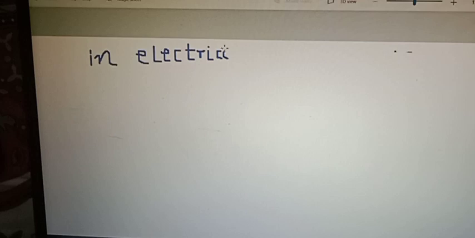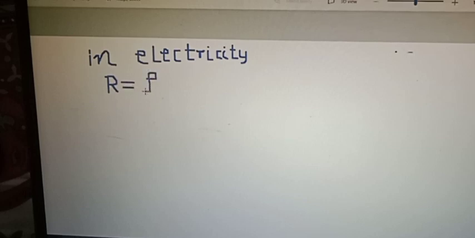Now, I think this formula is a bit complicated, and the application of this formula is appearing a bit problematic. But if I correlate it with electricity, it will become easier.